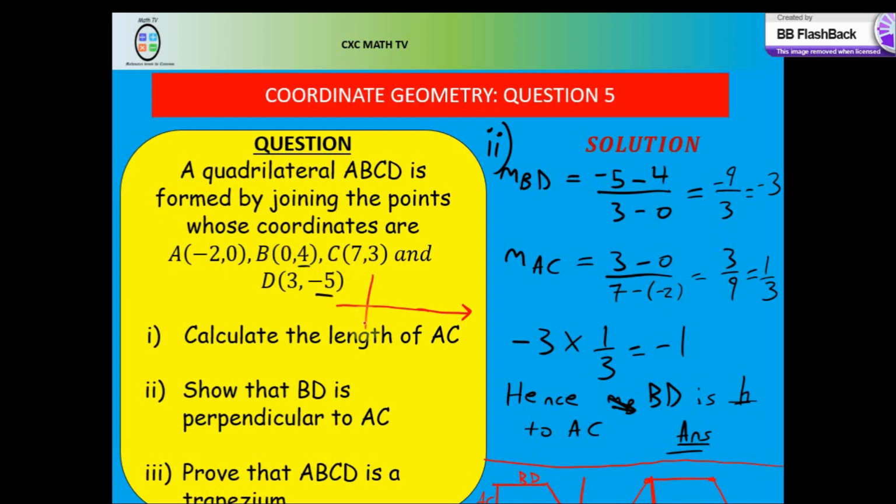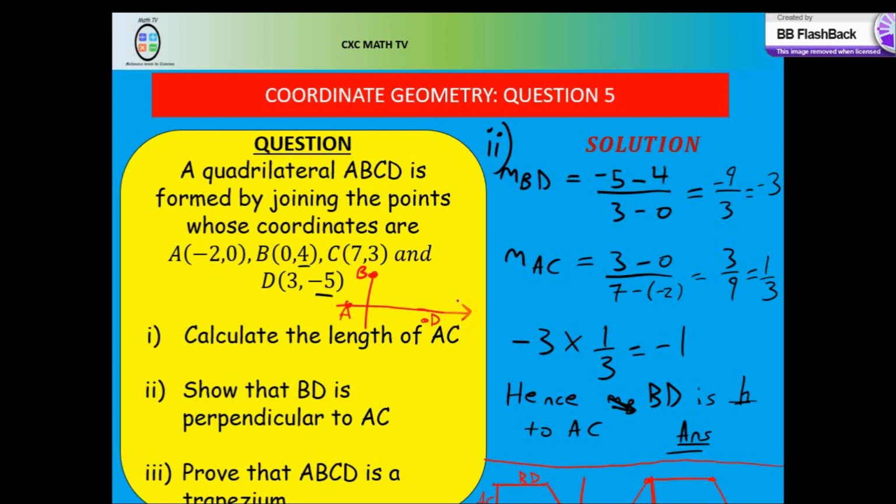B is the point 0, 4. 0, 4 is right here. This is B. Then D is the point 3, negative 5. 3, negative 5 is somewhere down here. That's D. A is the point negative 2, 0. Negative 2, 0 is somewhere here. This is A. That's A, B, D, and I need C now. C is the point 7, 3.